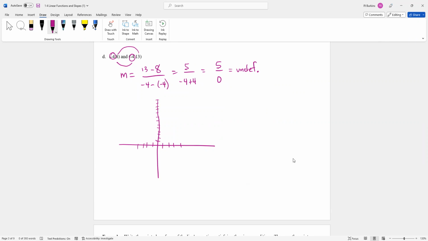So -4, 13 was one of the points, and then -4, 8. 3, 4, 5, 6, 7, 8. Right there. So you see we have a really terrible vertical line that I just drew there. And that has an undefined slope. Okay.